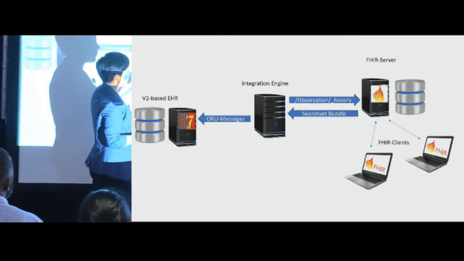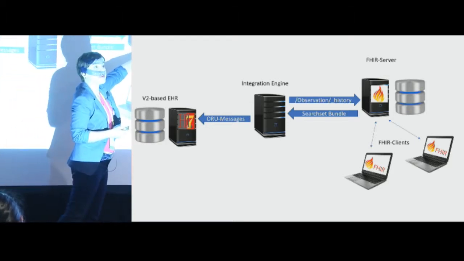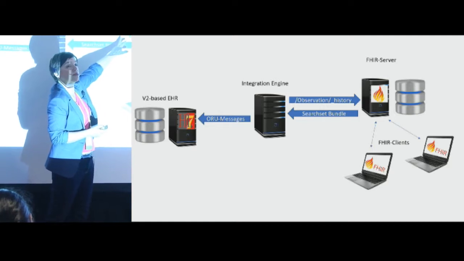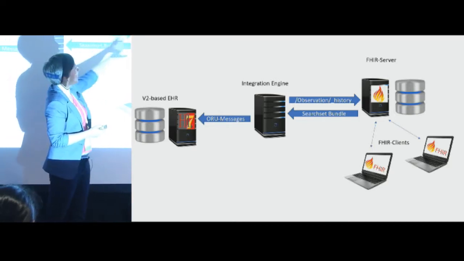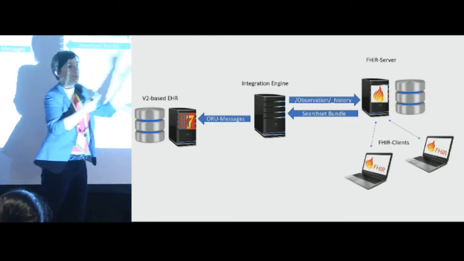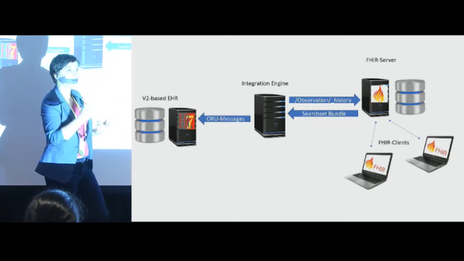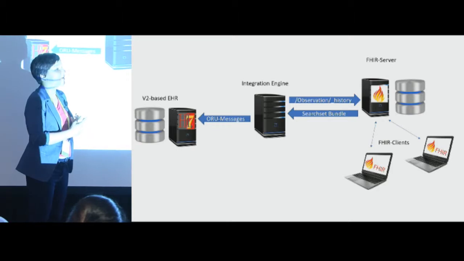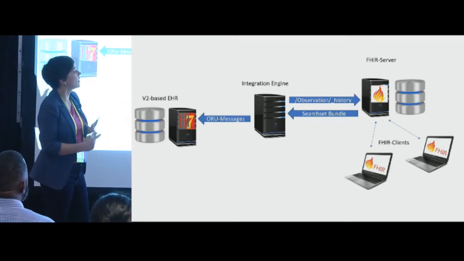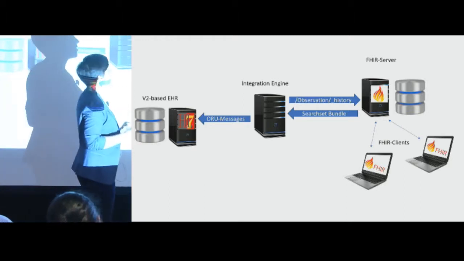Somehow we have to figure out whether there's new data on this system, which we can do through the history interaction. By querying a FHIR server for its history of all observations, we will get a bundle in return that will tell us about all the observations that have been created, updated, or deleted on the FHIR server in a certain period of time.